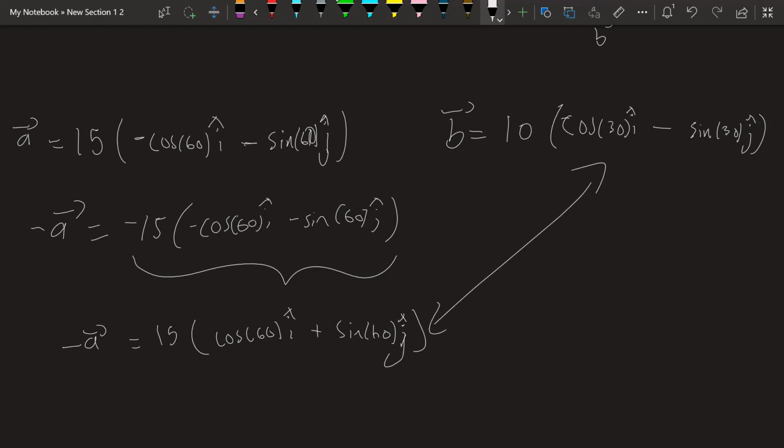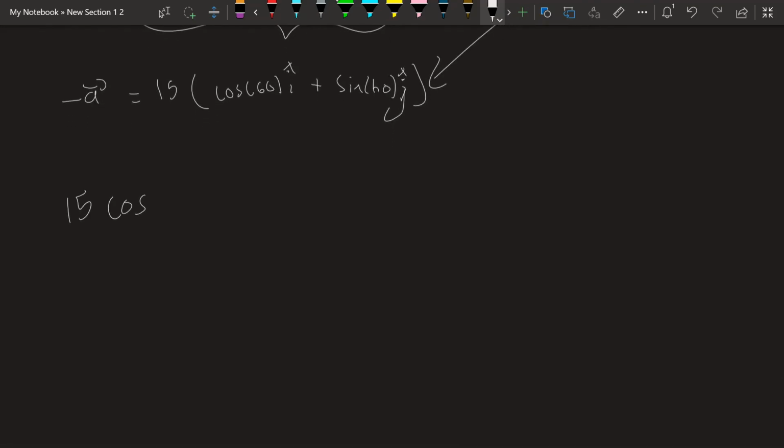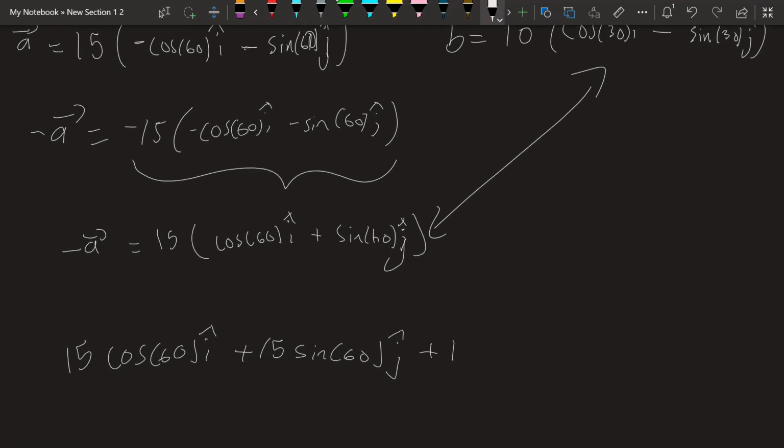So let's sum them up. So we're going to get 15 cosine 60i plus 15 sine 60j. Let's go up. That's minus A, and this is B. B is going to be plus 10 cosine 30i minus 10 sine 30j.